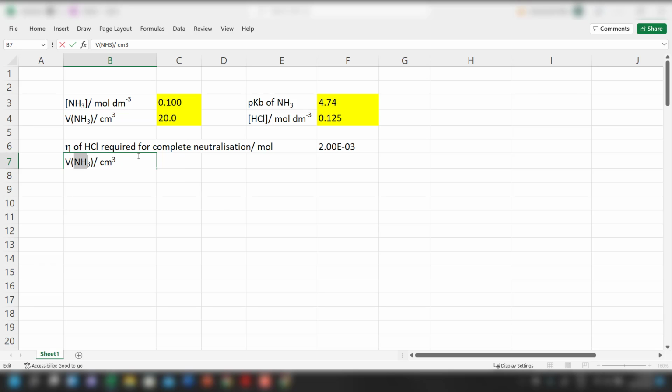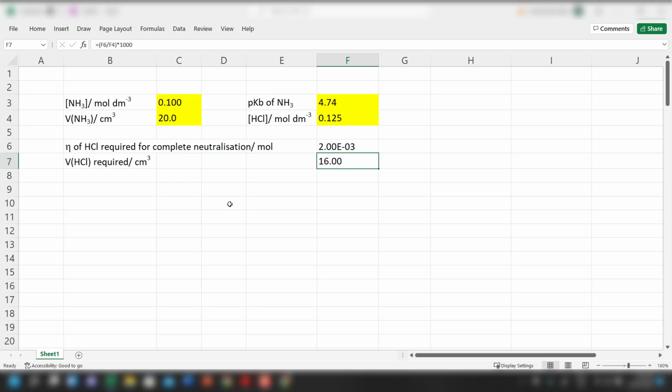This can be done easily as well. That will simply be taking the amount divided by the concentration of HCl, and then we scale it to 1000, because again, the usual volume which we are comfortable with is in cubic centimeters.